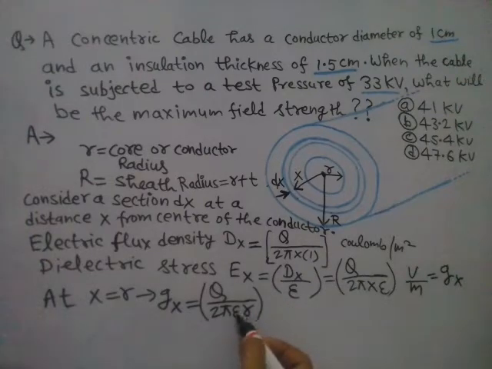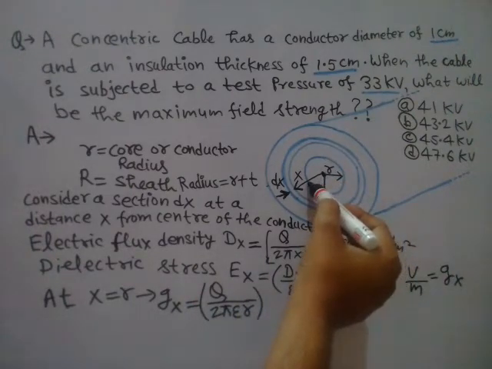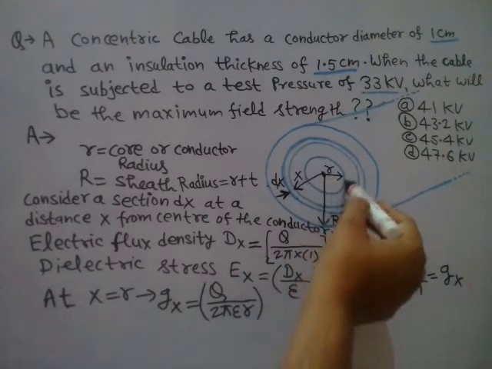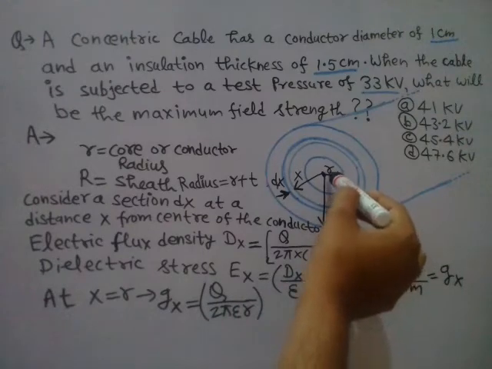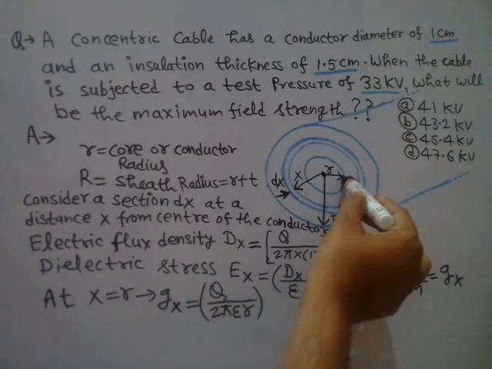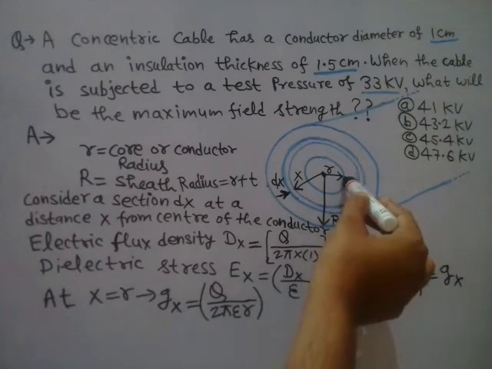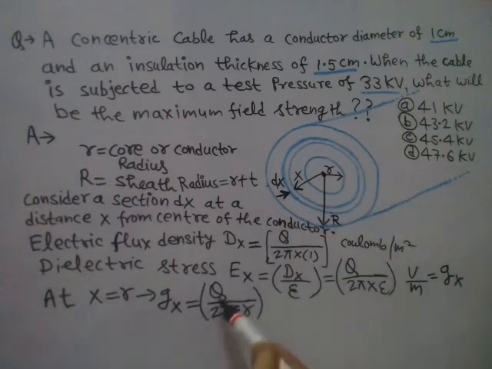At x equal to r, that means at the conductor surface, because small r is the conductor radius, the dielectric stress will be Q by 2 pi epsilon into r, right?